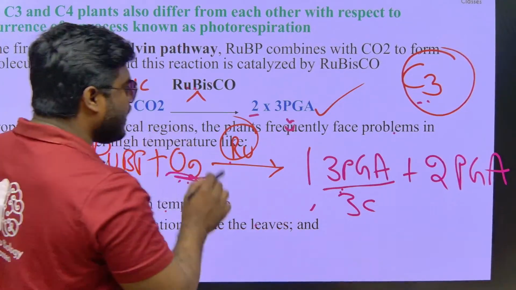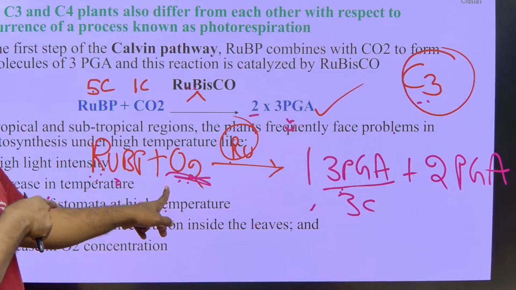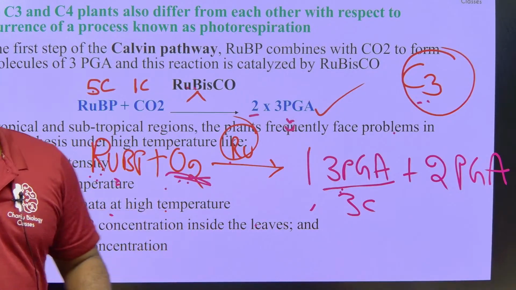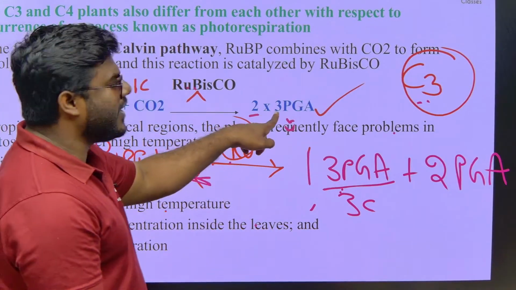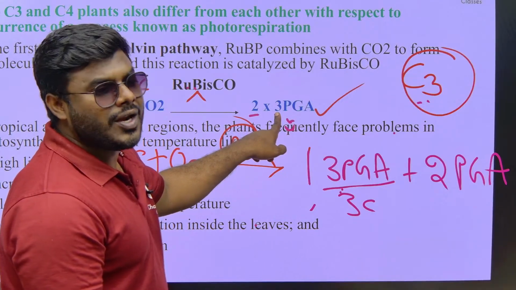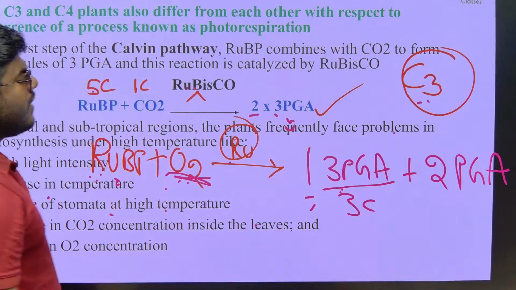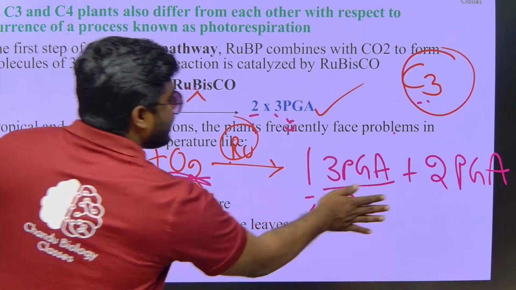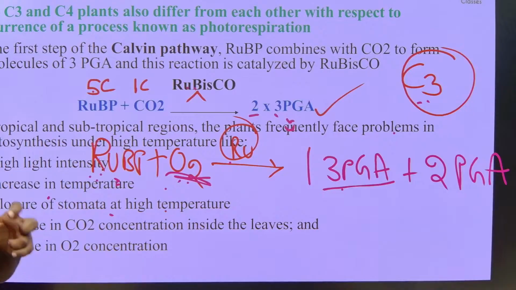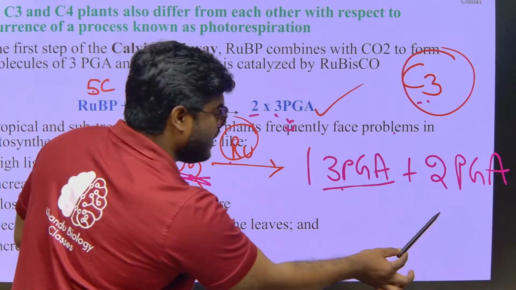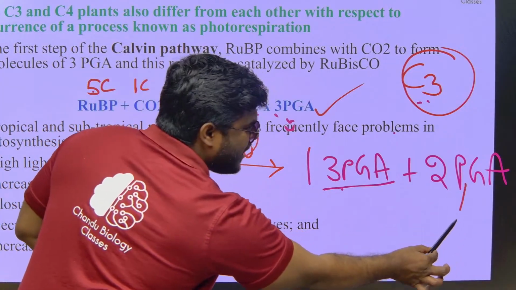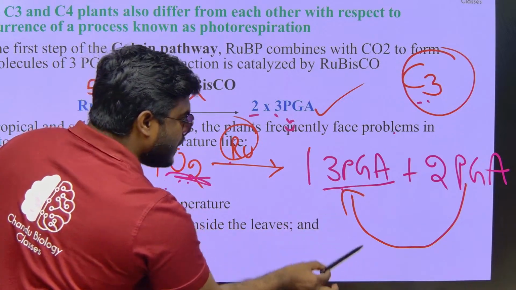Now you tell me, if this occurs, will the Calvin cycle continue? No. Because if the Calvin cycle wants to continue, we mandatorily require 2 molecules of 3-PGA. But unfortunately we got only 1 molecule of 3-PGA. Now you know what the plant will do, the C3 plant? With great difficulty, they convert 2-PGA back to 3-PGA.